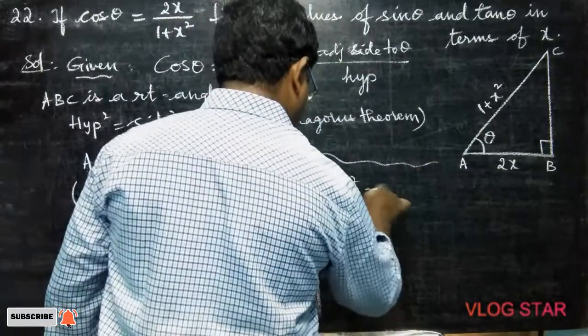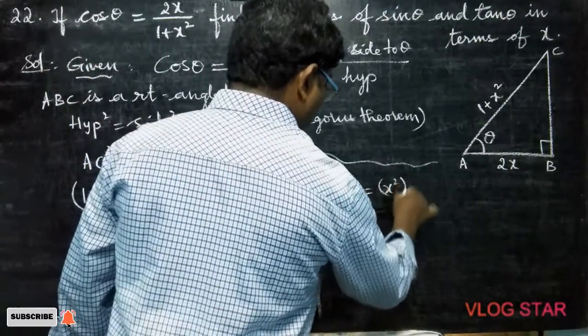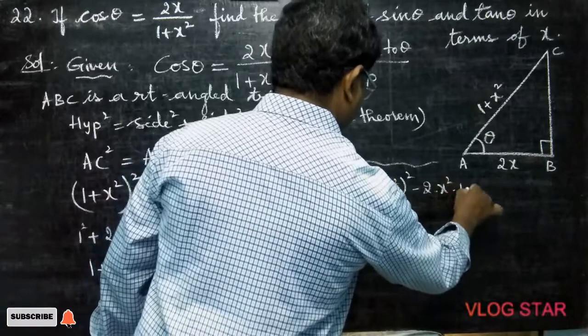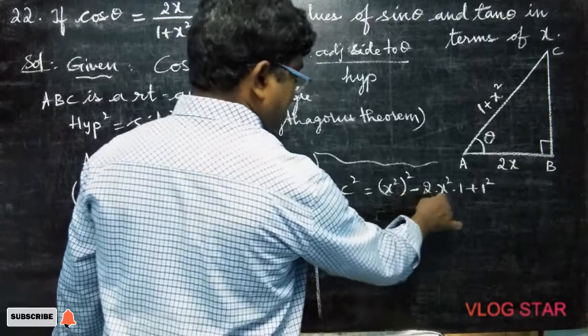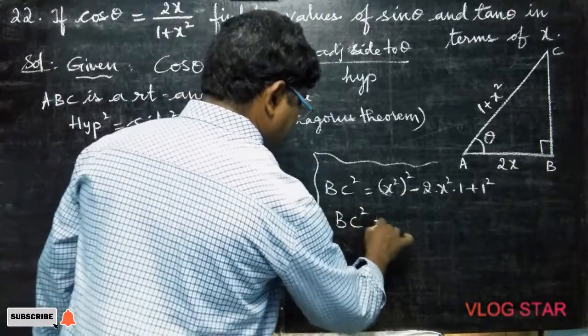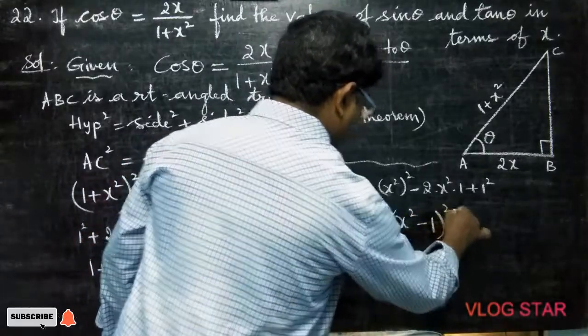BC square is equal to x square whole square minus 2 into x square into 1 plus 1 square. A square minus 2ab plus b square means a minus b whole square. So BC square is equal to x square minus 1 whole square.